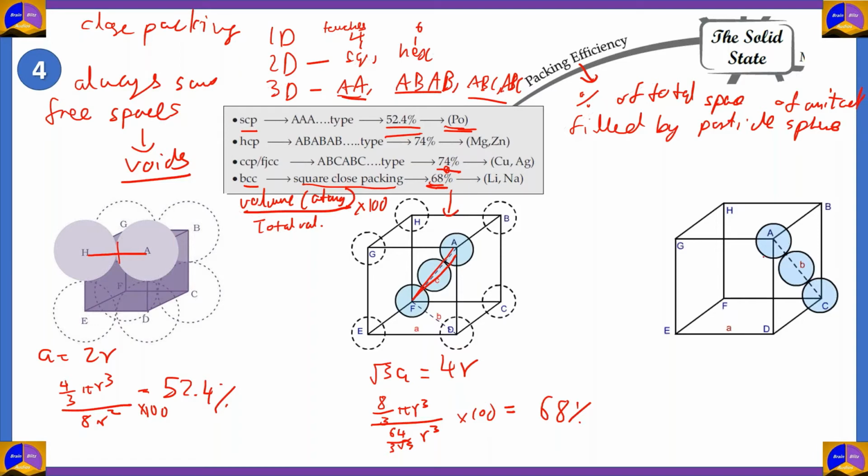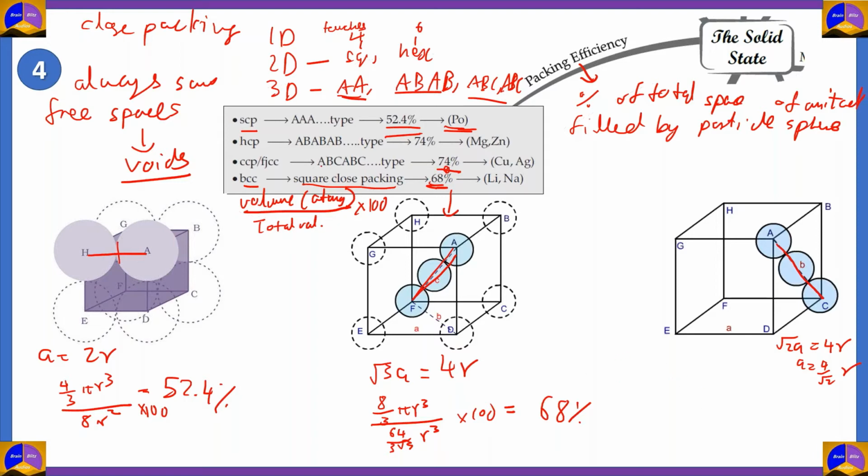The next kind is cubic close packing or face-centered cubic. Again, for this one, we use the diagonal of one side of a cube. So over here, the formula is root 2a is equal to 4r, so a is equal to 4 by root 2 r.